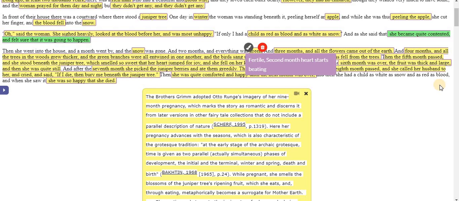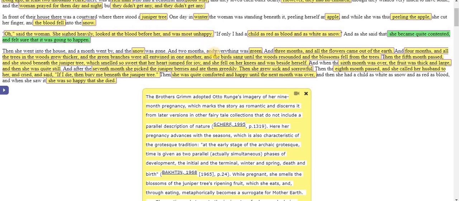The different stages of a woman's pregnancy is closely related to the different stages in nature, right from conception, the germination of the seed, the flowering of the plant, and the growth. It is described in detail as if the growth of a tree. So let's take a look at it.